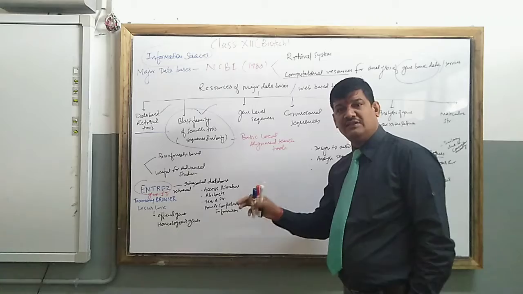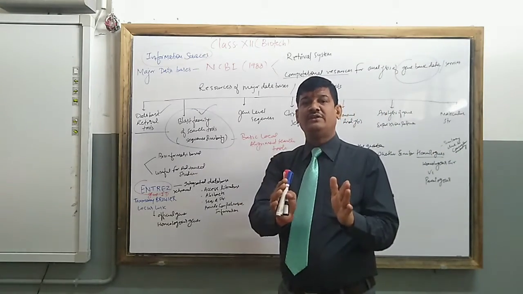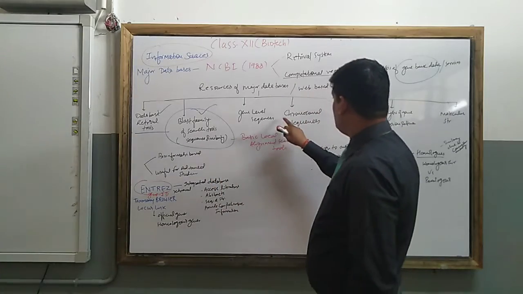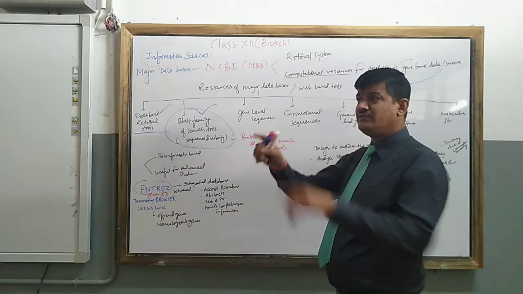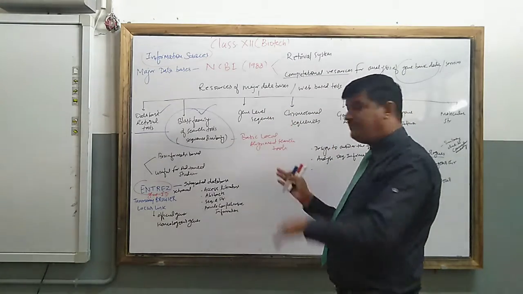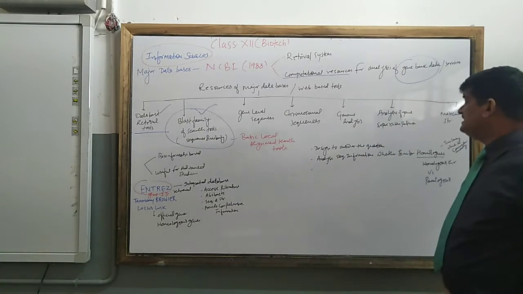Here we are sequencing the gene, and after sequencing, that information is converted to a database and fed into the computer. Now chromosomal sequencing: whatever the karyotype is, it is designed and placed in the computer. Thereafter genome analysis, and then analysis of gene expression pattern.